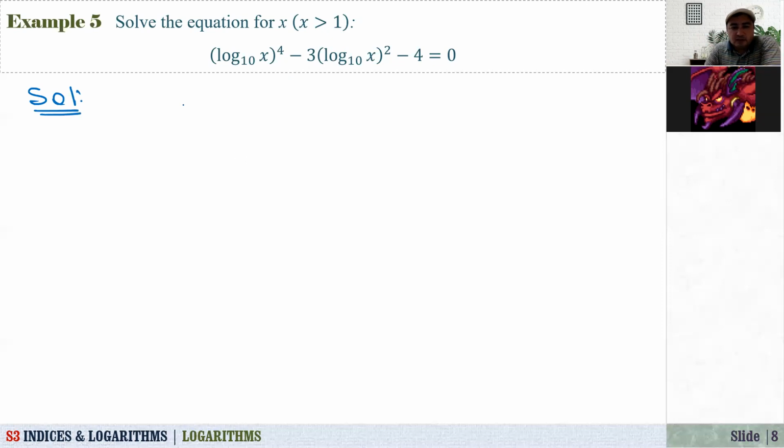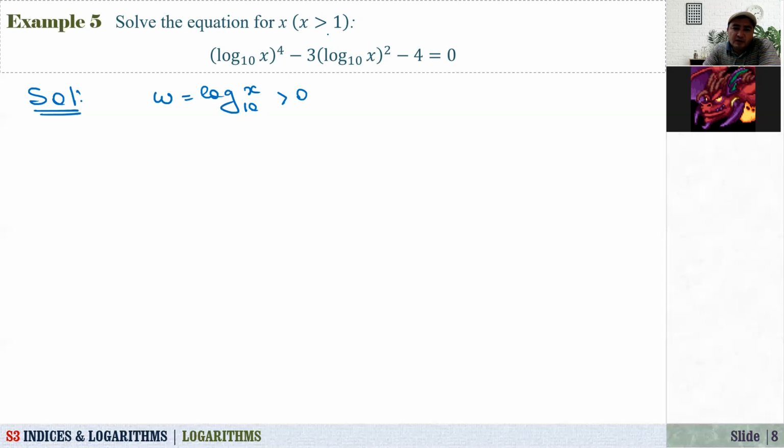I will do like this. Let me just introduce a new variable. We call this an auxiliary variable in math. Let's say this w is equal to the logarithm of x to the base 10. And of course here, since x is greater than 1, this logarithm of x to the base 10 must be greater than 0.